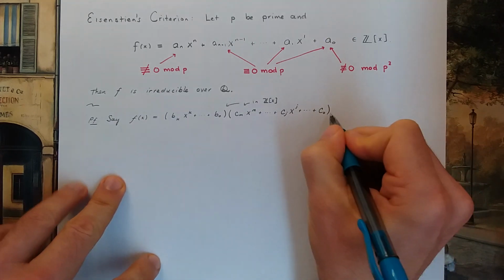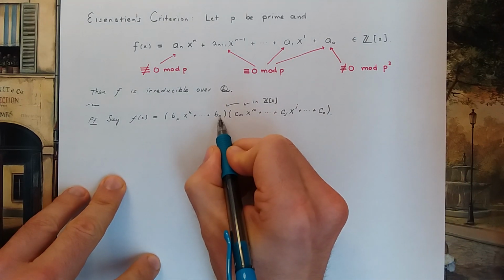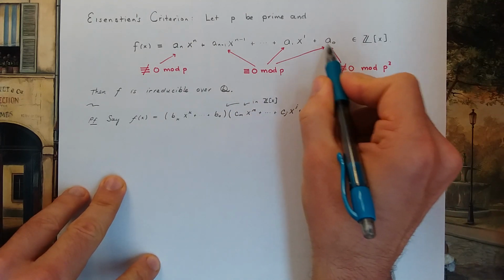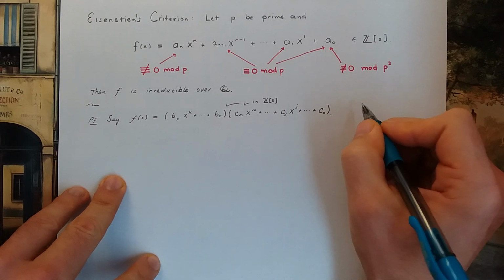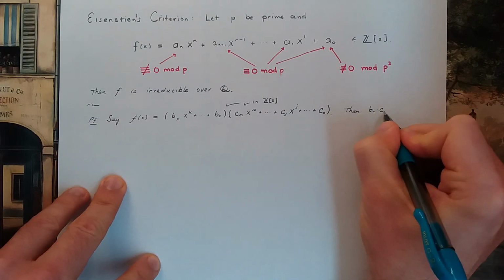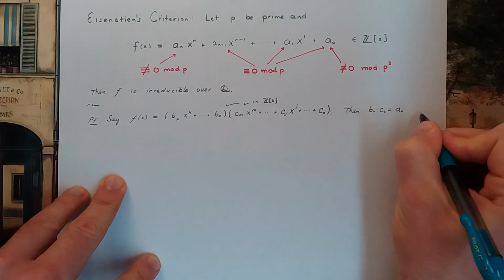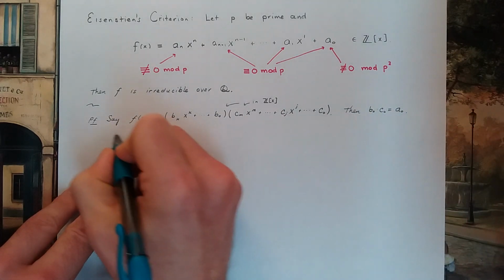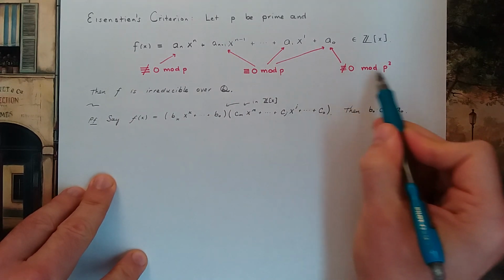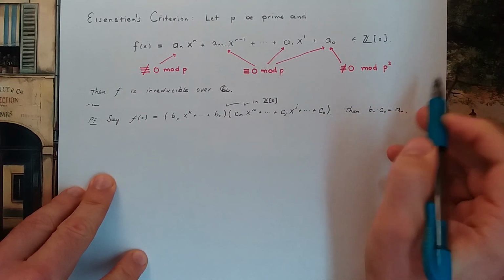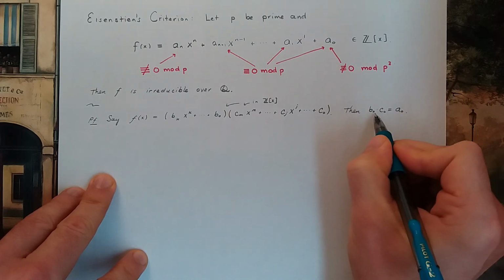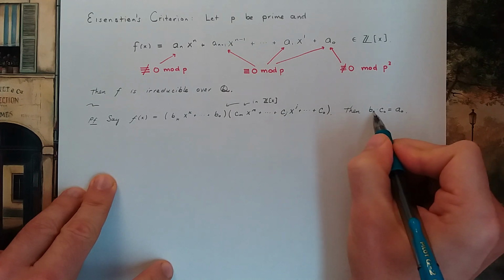Well, it follows immediately that b_0 times c_0, the constant term, has to be the constant term of my polynomial. So b_0 times c_0 is a_0. Since a_0 is not divisible by p squared, one of these two terms cannot be divisible by p.